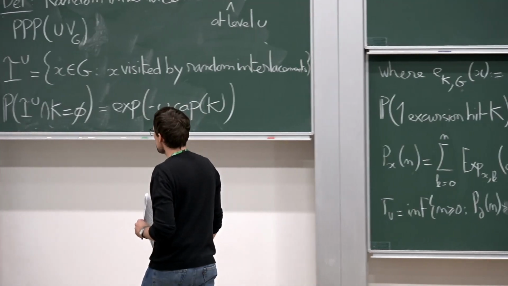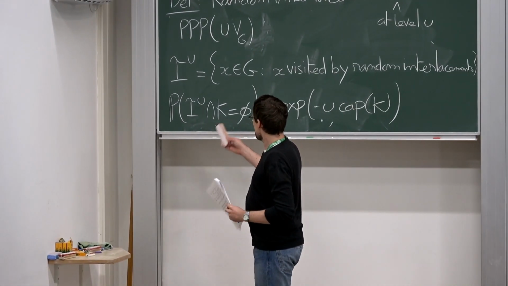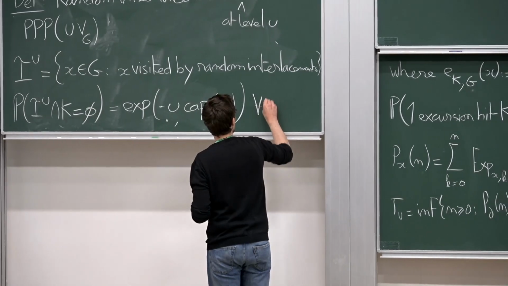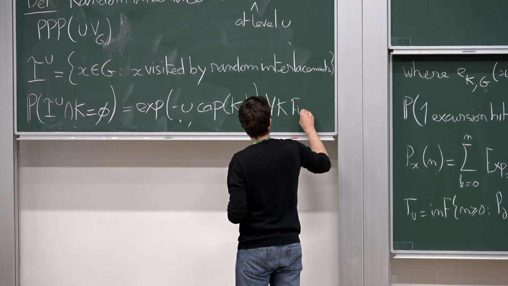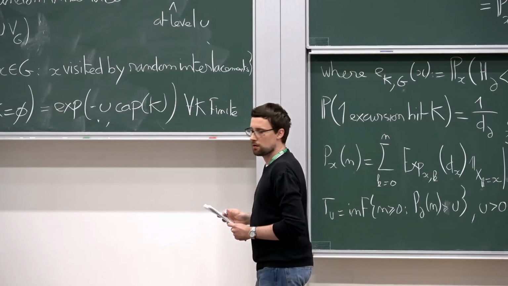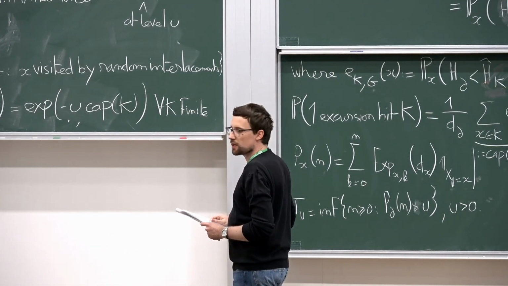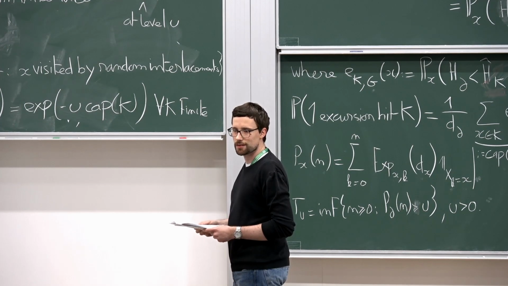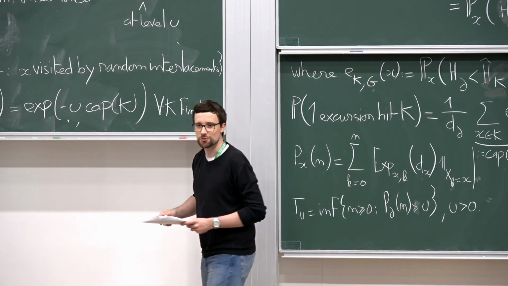So what I mean by this defines your random set is that there exists only one random set such that this is true for any K finite. But you can't recover the whole possible process of excursions. No, I mean you cannot recover the process of excursions. I mean, you can if you know what is happening, but just from this definition it's hard to see where it's coming from.